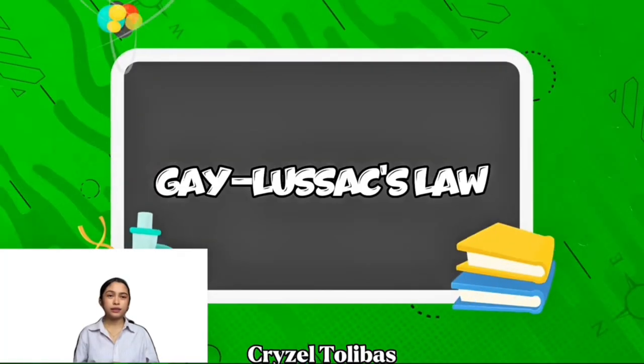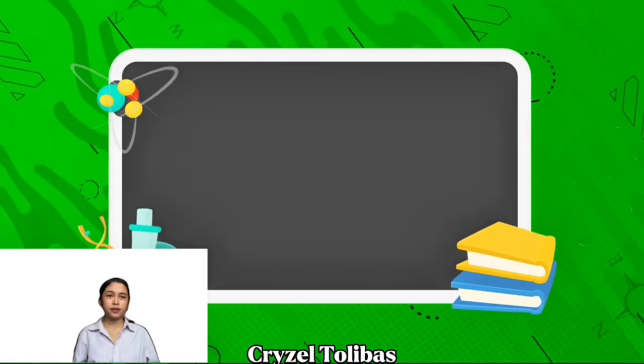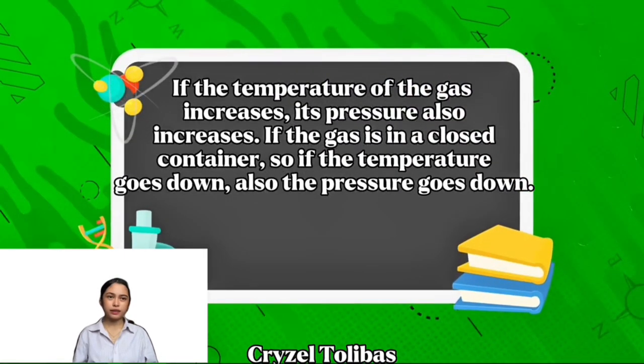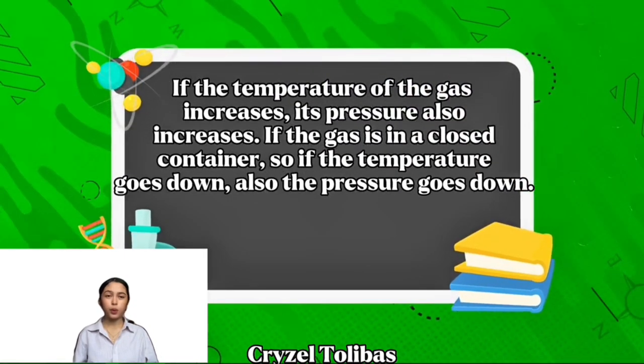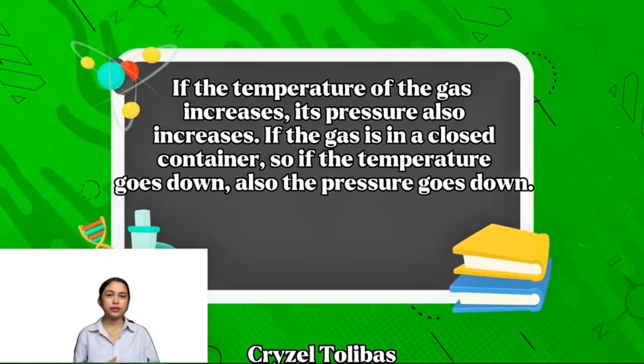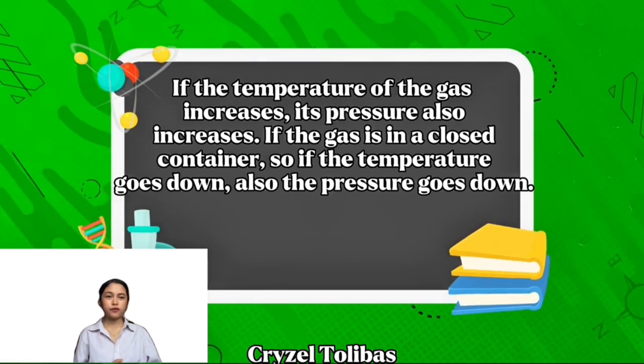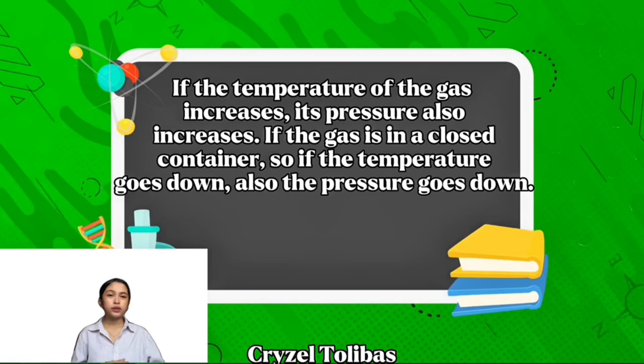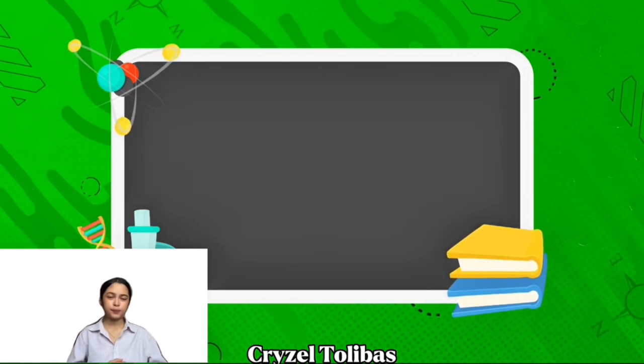Okay, next is the Gay-Lussac's law. It says that when the temperature of the gas increases, its pressure also increases if the gas is in a closed container. So if the temperature goes down, the pressure also goes down.